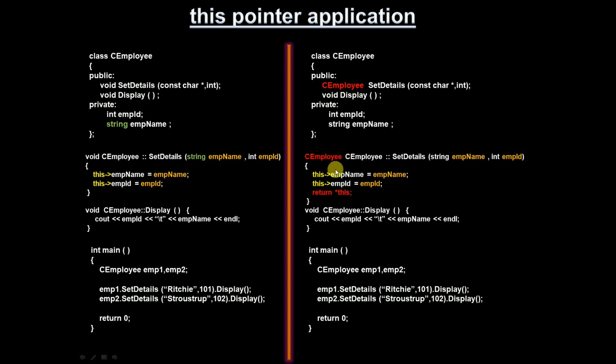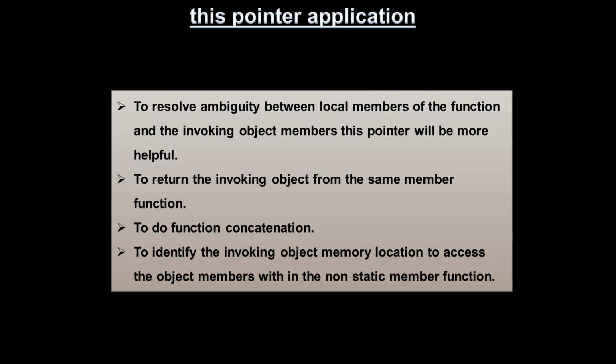Means I can return the invoking object from the member function using this pointer. And because of that, we can achieve function concatenation. So these are the applications of this pointer. What are the applications we have observed?